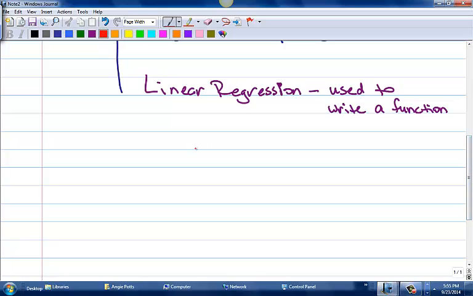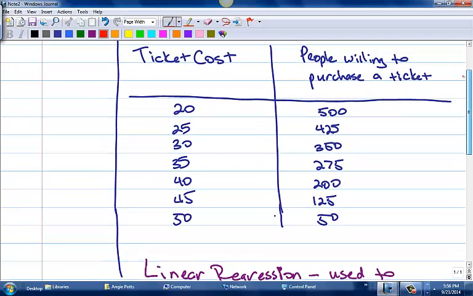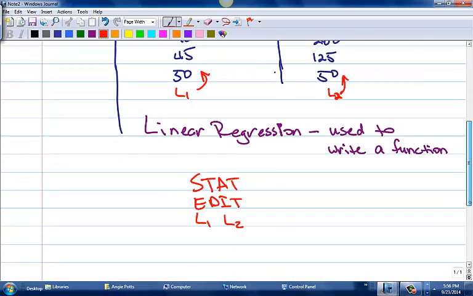This is on your calculator, which of course you don't have in front of you, but I'll show you when you get here. So stat edit, when you get to L1 and L2, that's where you're going to enter in your data. Okay? This set right here will be L1, all of those, and your Y values are always L2. Okay? So you'll enter those values into those two lists.